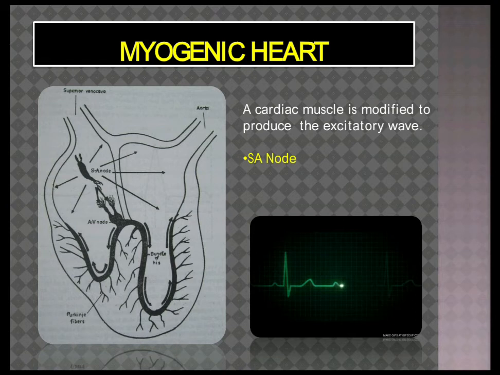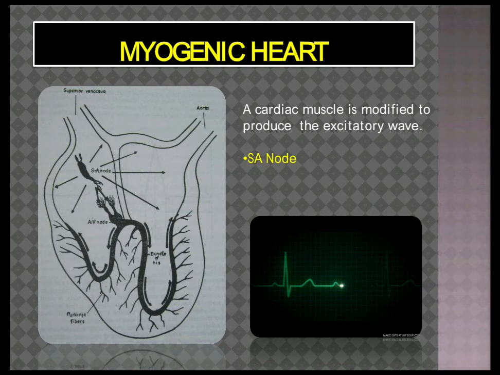It is a modified cardiac muscle, which has been modified in such a way that it can produce an impulse of its own by some electrochemical processes with the rate of like 72 beats per minute. So this SA node can produce this particular wave 72 times per minute. So this is the power of the SA node, and this is the modification.